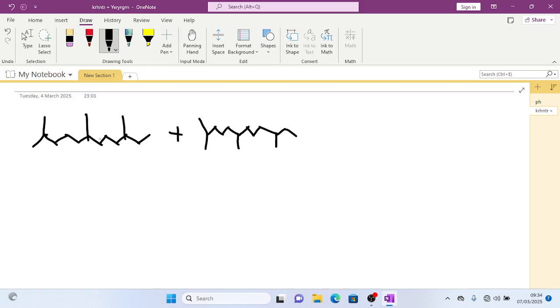So this is a farnesyl pyrophosphate combining with another farnesyl pyrophosphate to give us squalene. So what does squalene look like? You must understand that the tail here combines with this tail here. So we have a compound that looks like this.